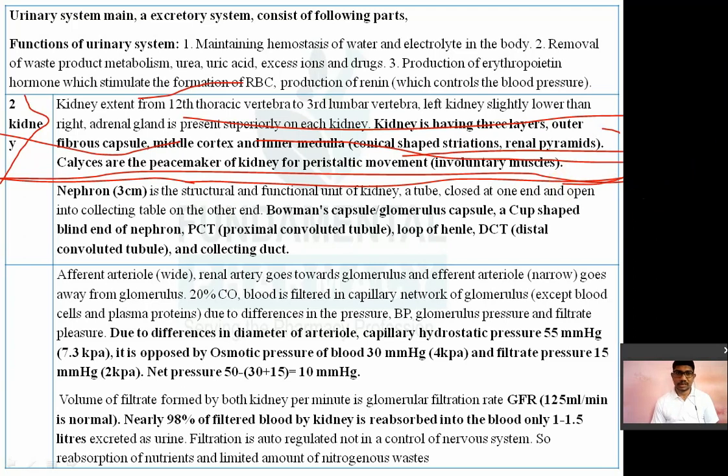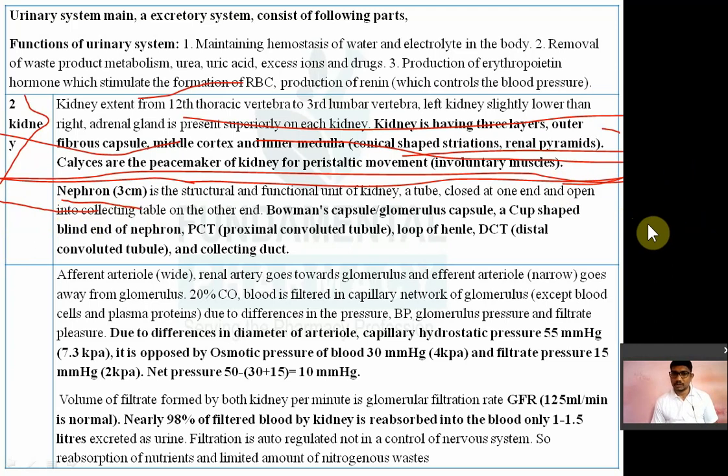Now again, the structural and functional unit of the kidney is the nephron. It is a tube shaped structure which is closed at one end and opens into the collecting duct at the other side.